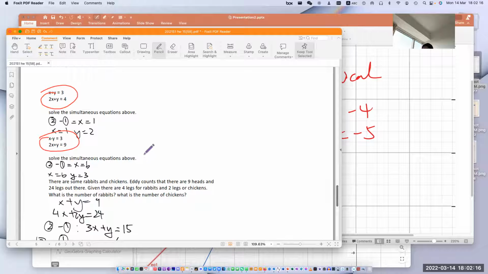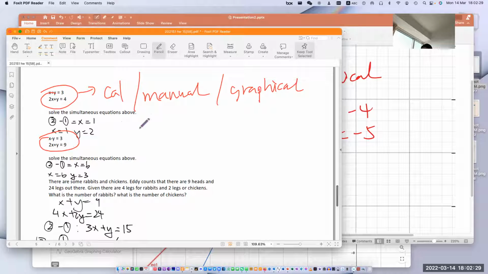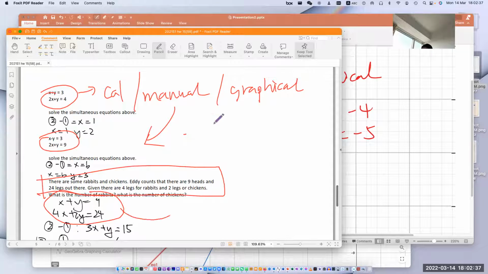Okay. So you can use 3 methods: calculator or manual, or the latest one, graphical. This one also same: calculator, manual, or graphical. Okay. So over here, this one same. You can use one of the 3.